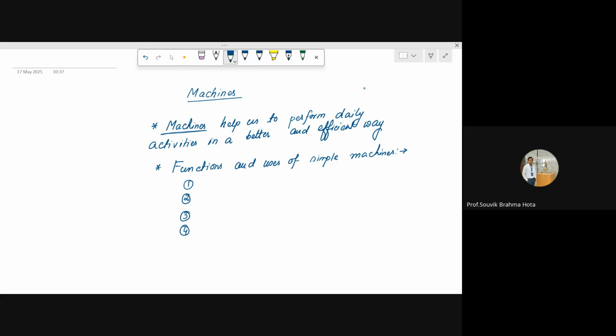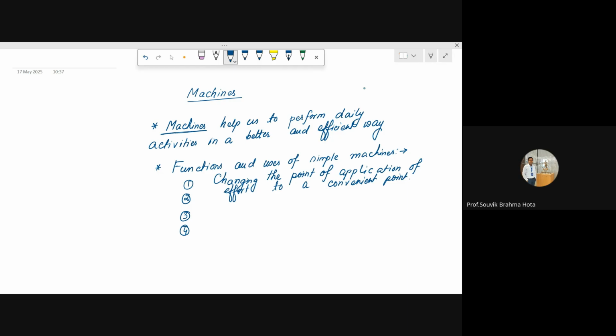What are those ways? First, it helps us by changing the point of application of effort to a convenient point.